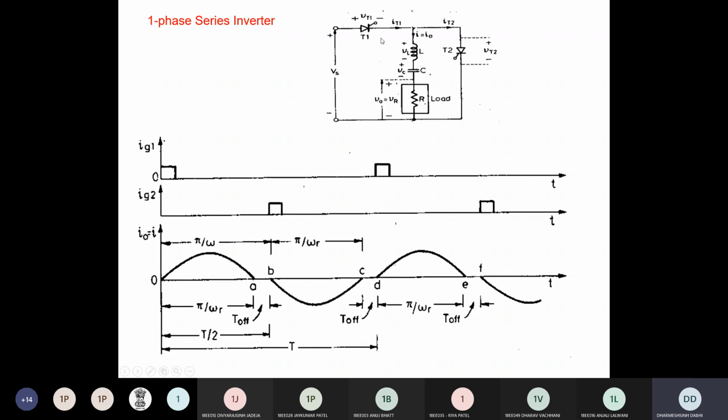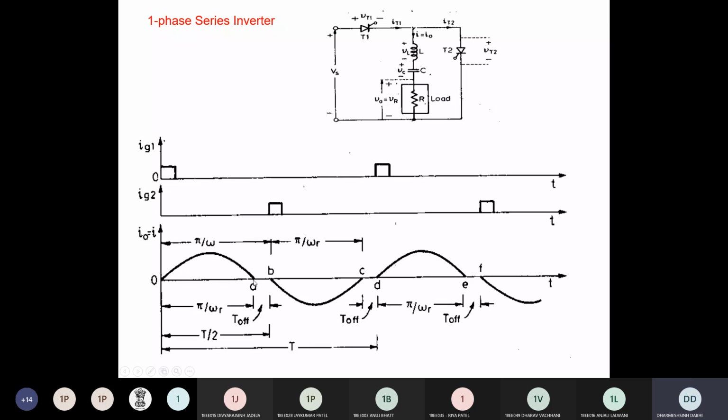Completely off means it has regained its forward blocking capacity. Clear? So each and every semiconductor device requires some turn off time. As you already learned in PED 1, the turn on characteristic and turn off characteristic of the thyristor. So some minimum time is required to turn off the thyristor.